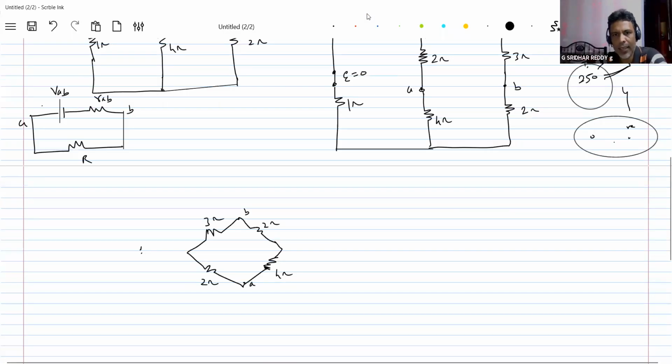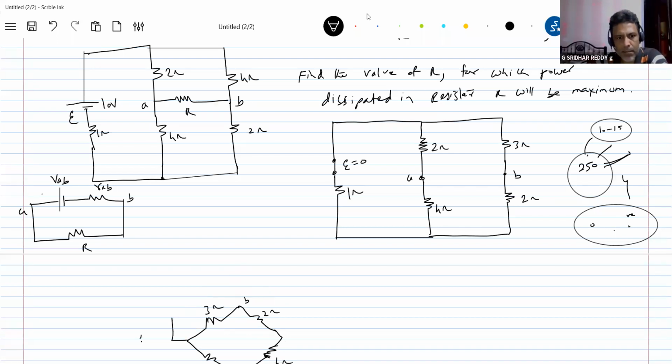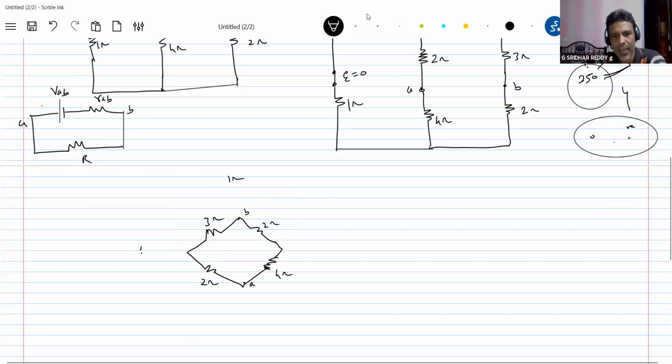Let me slide down a little bit, and the 1 ohm resistance is here. We have to calculate this particular resistance. So at least a little bit of the diagram.